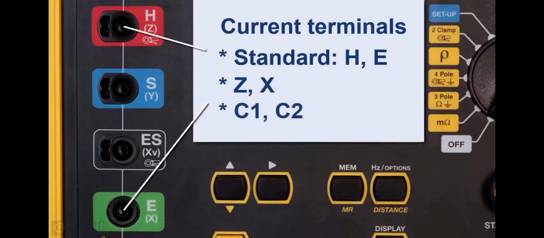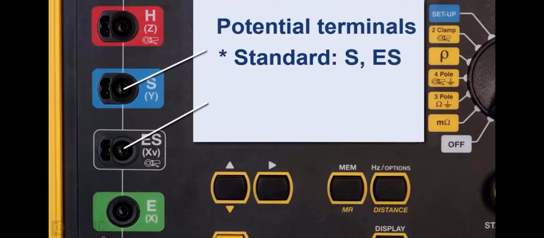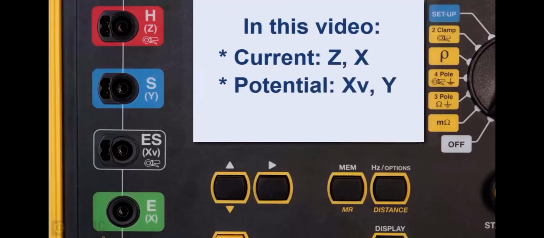Similarly, international standards define the potential terminals as S and ES. On some instruments, these are labeled Y and XV, and on others, P1 and P2. In this video, we will refer to the current terminals as Z and X, and the potential terminals as XV and Y.